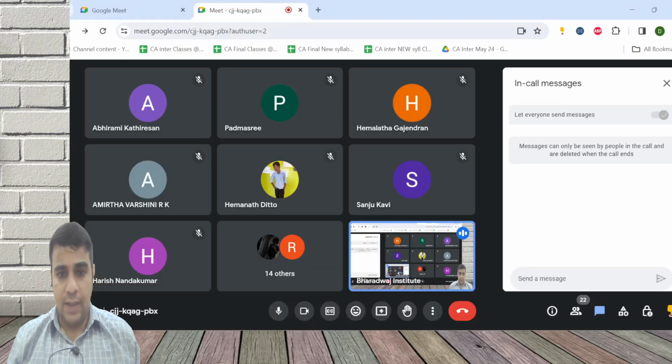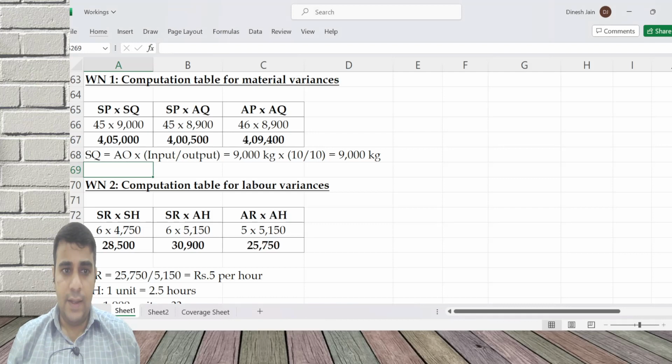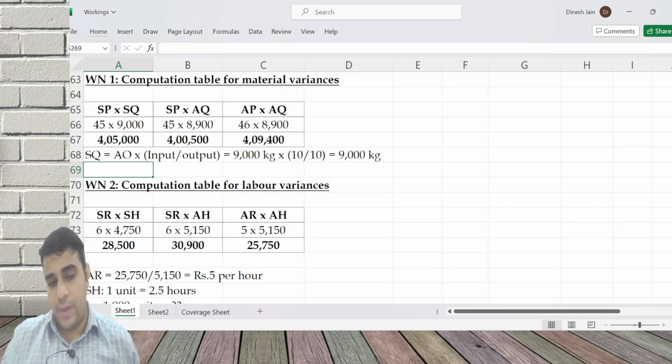Complete each of the variances. The material variances table takes 2 minutes. Labor variance, 2-3 minutes each of them.